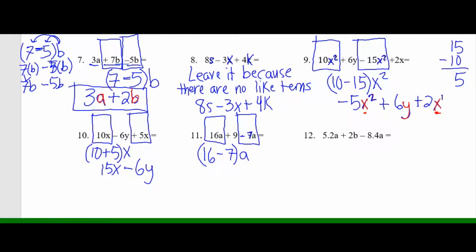So I'm going to write it as if it's multiplication because I'm factoring it out. And then 16 minus 7 is 9. 9 times a. And then I'm going to bring down the plus 9.